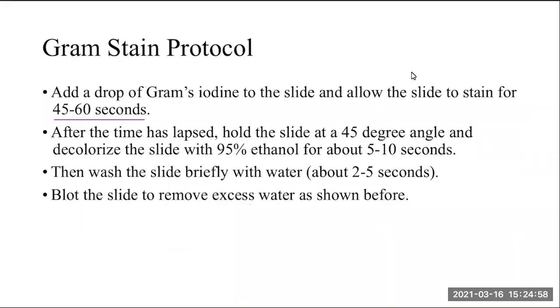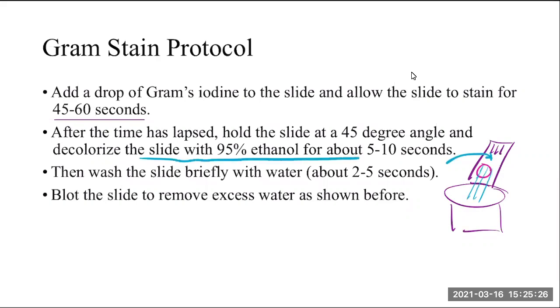After the time lapses, you hold the slide again at that 45-degree angle over the beaker, again targeting the water stream above that target area. Then you decolorize the slide with 95% ethanol for about 5 to 10 seconds.